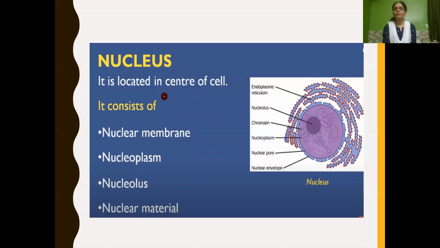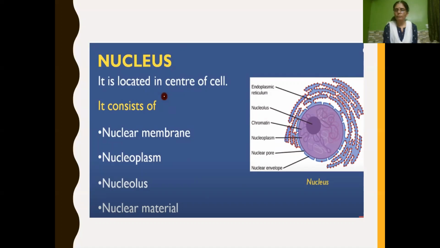See children, here the picture shows only the nucleus, not the cell. The nucleus is located at the center of the cell. What are the different parts of the nucleus we have seen just now? The nuclear membrane, the outer covering of the nucleus, that blue color, is called the nuclear membrane.